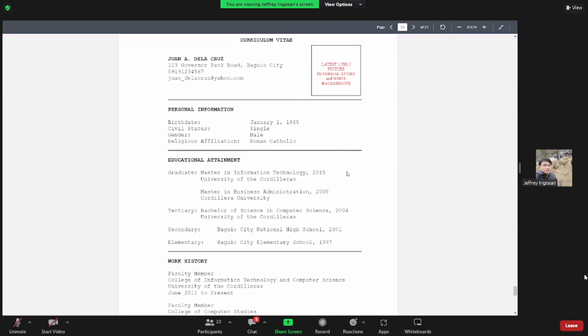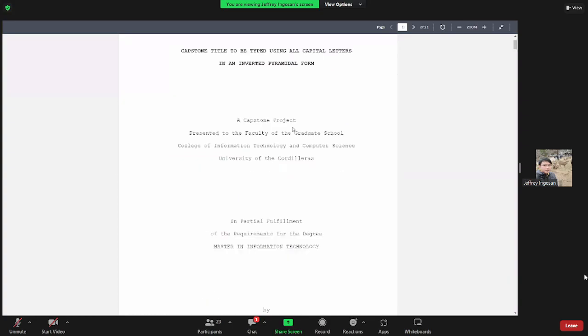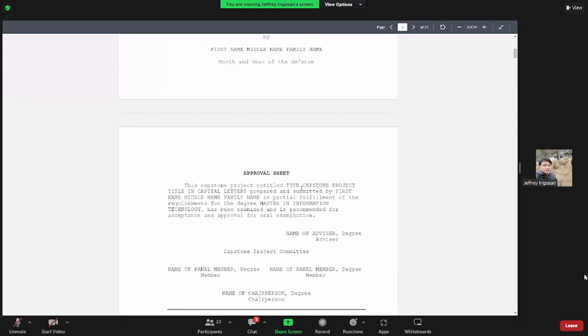Another normal concern of students would be, sir, what should be bolded and what should not be bolded? So you just use this format. In the title page, it's only the title which is bold. In the approval sheet, it's only the label Approval Sheet which is bold. No other parts of the approval sheet should be bolded.